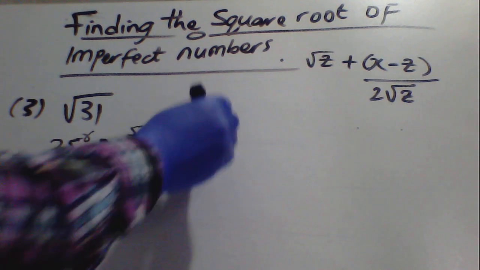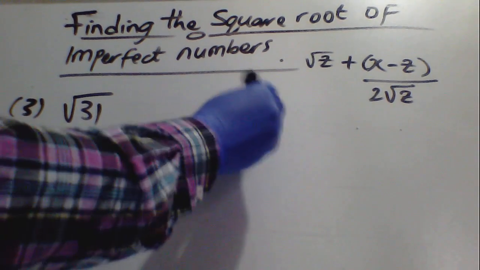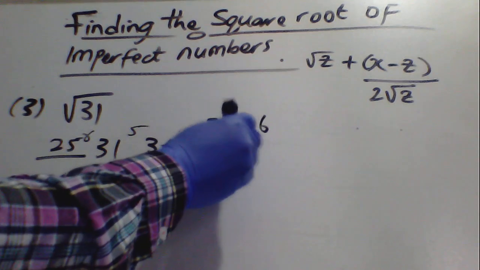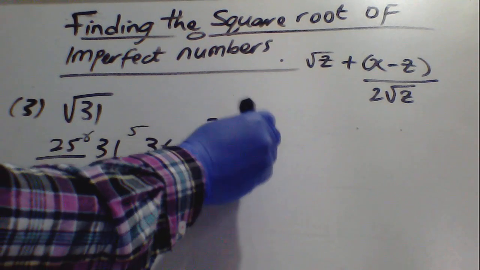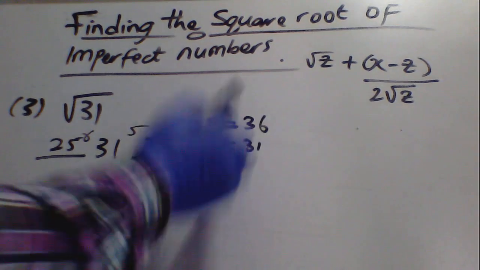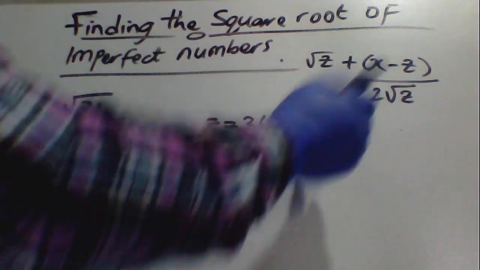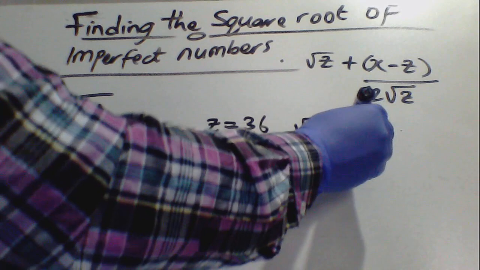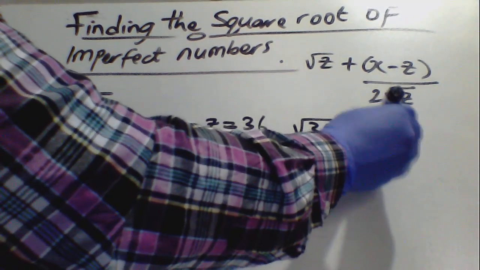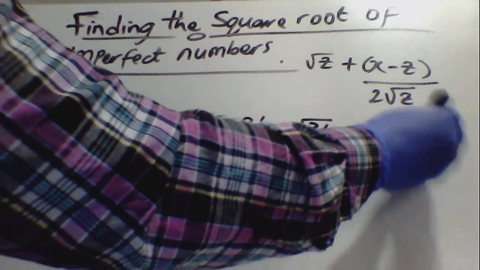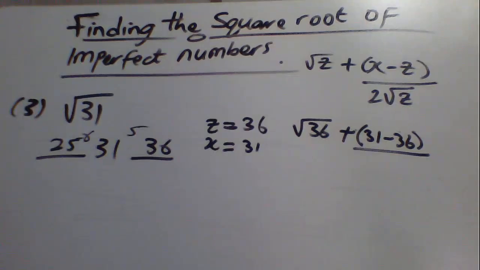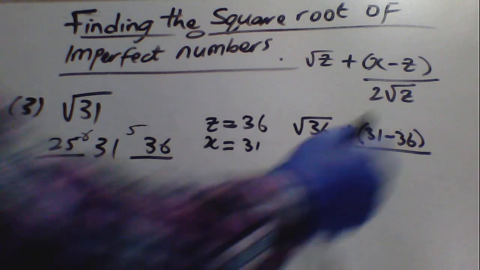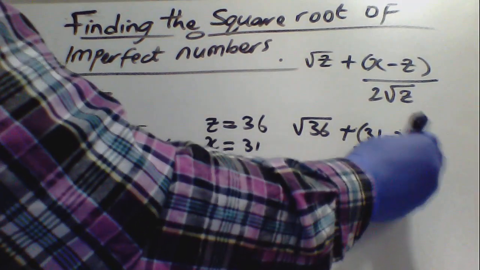So Z here becomes 36, and X is equal to 31. With this formula, you have to put the square root of 36 plus, in bracket, 31 minus 36, divided by 2 times the square root of 36.